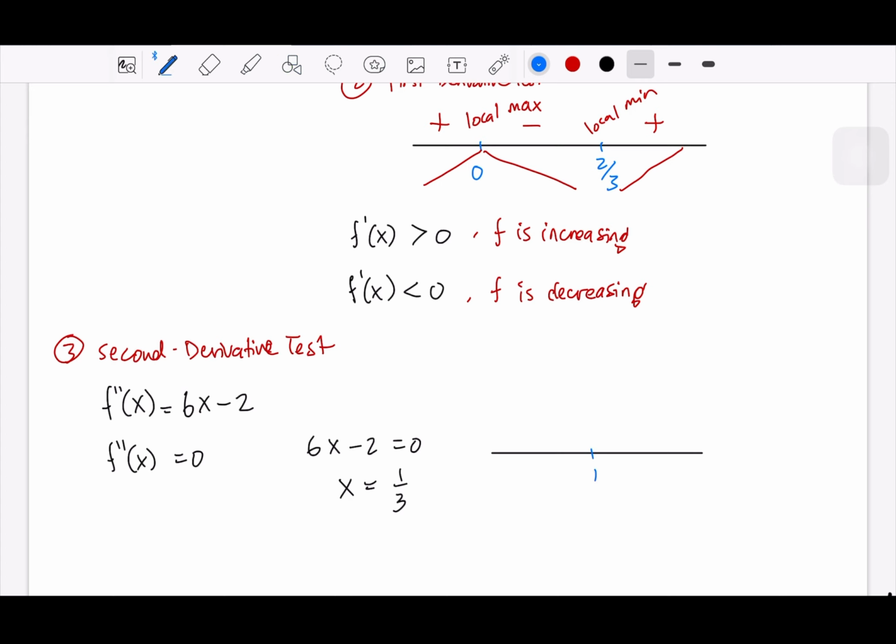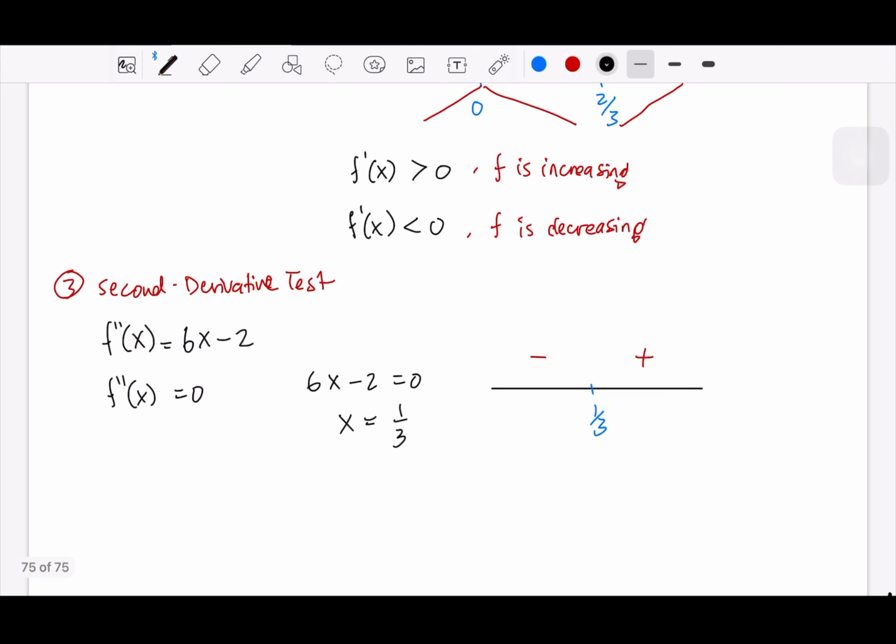So we could check the inflection point through the number line as usual, and then check the intervals, check the signs, left of 1/3 and right of 1/3. So we could check maybe 0, and also check 1, we get negative and positive. Then these signs will give you an overview of whether the function is concave upwards or downwards.